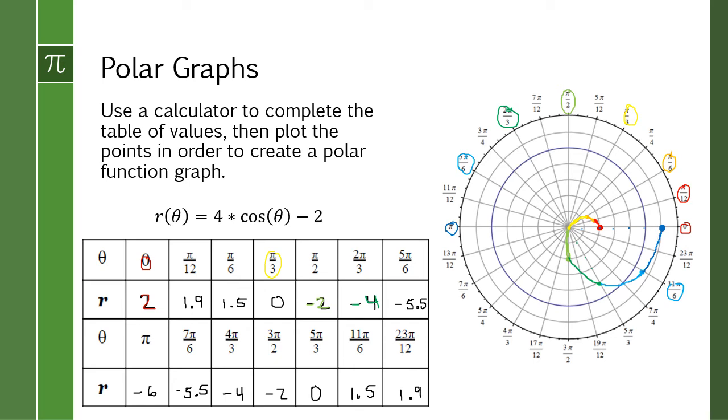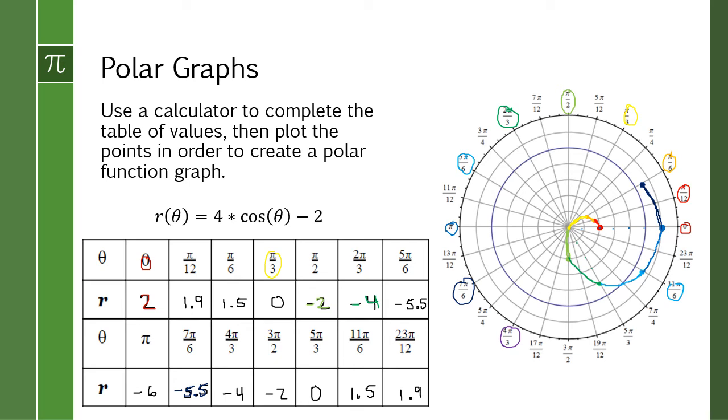From there, my radius starts to shrink again. So at an angle of 7 pi over 6, my radius is negative 5.5. So 7 pi over 6, radius going negative, so in the opposite direction, 1, 2, 3, 4, 5.5. I am up here. And then continuing on, I've got 4 pi over 3 and negative 4.